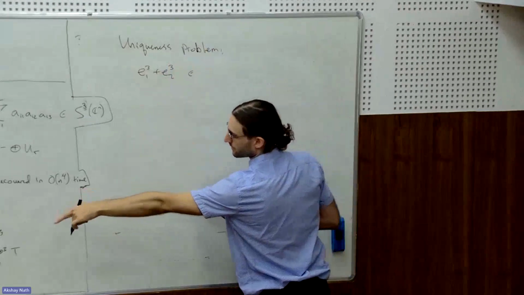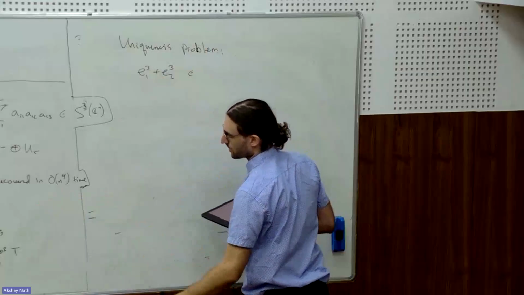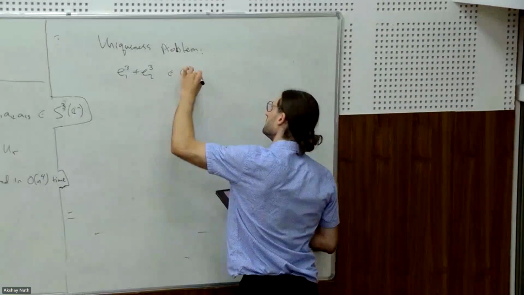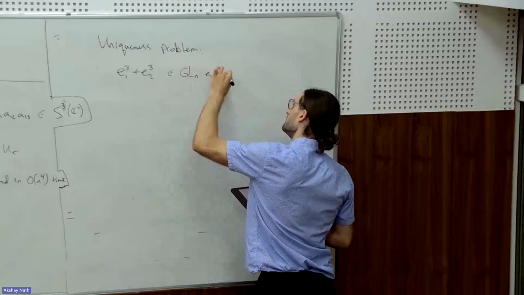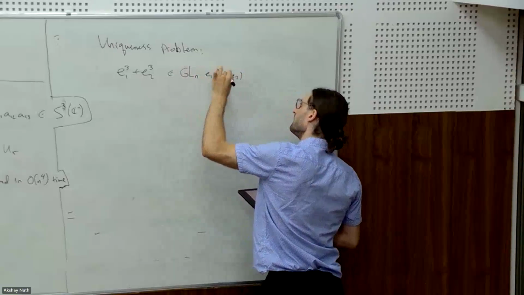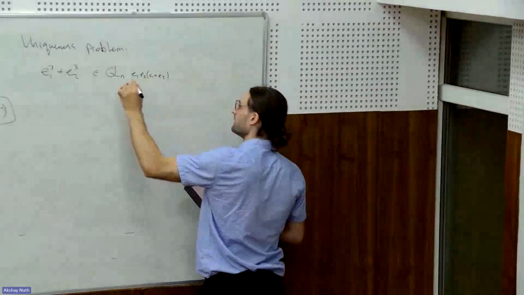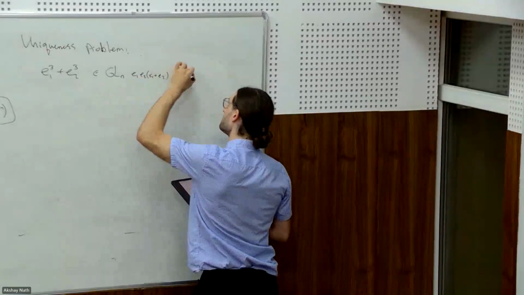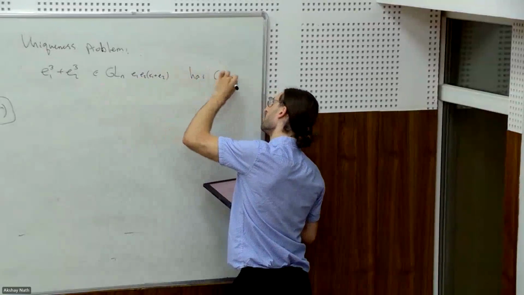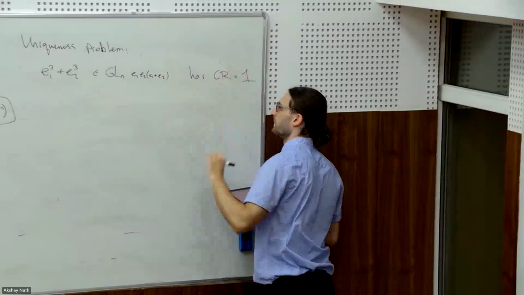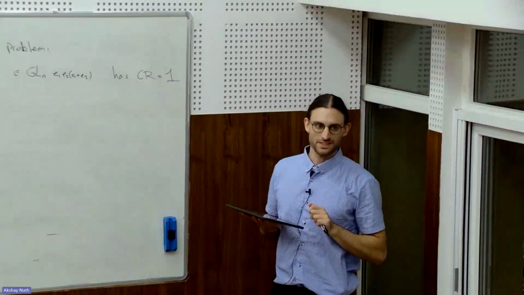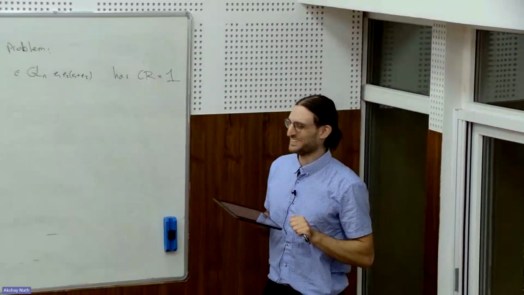And how does it have Chow rank 1? Which orbit is it in? It's in the orbit of GLN, E1, E2, E1 plus E2. That's Chow rank 1. Why is this the case? Anyone have an idea?